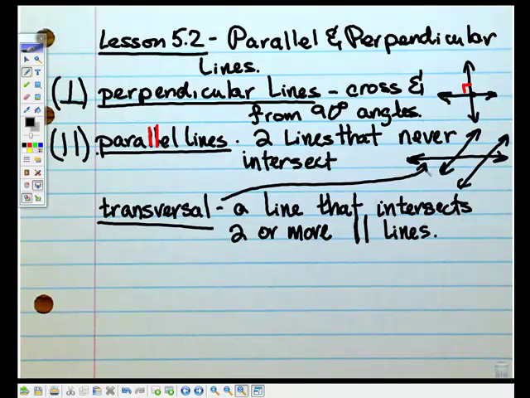If we move forward, we're going to define some angles that result when you have two parallel lines that get cut by a transversal. Please try to get two parallel lines drawn, and let's have the transversal go straight across right here.